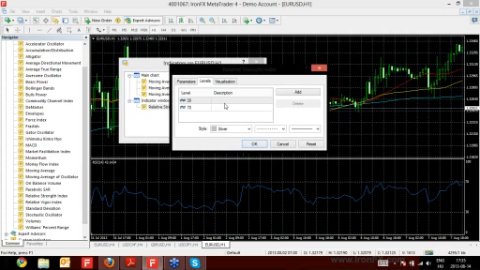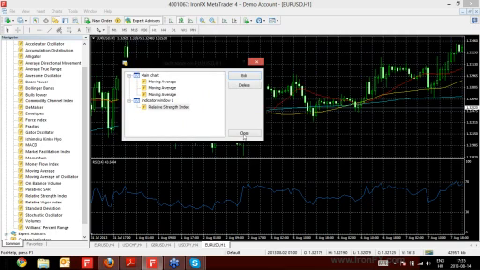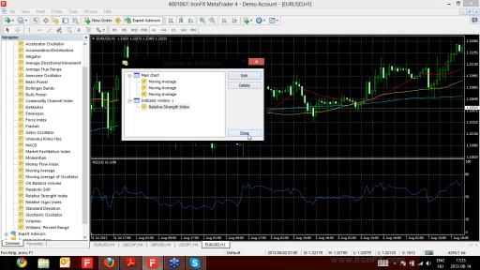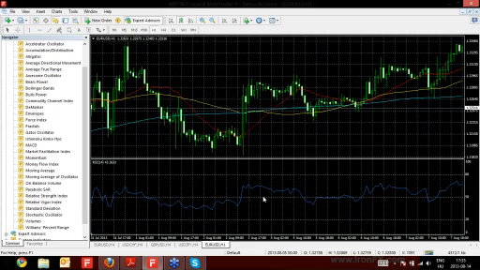And if you go here to levels, we can change the levels like to 20 or to 80. And also we can add more levels like the 50, which is the center line. Yeah, it just showed up.